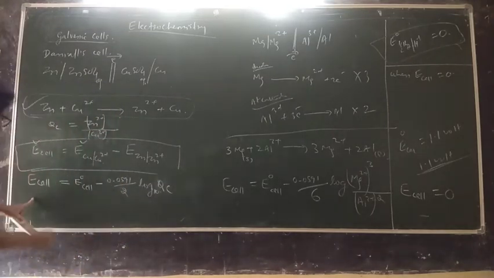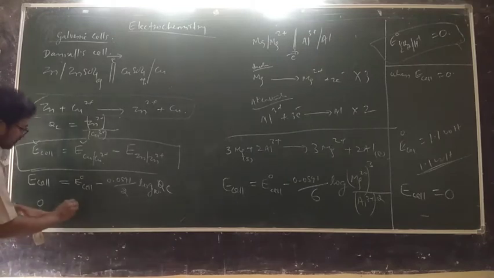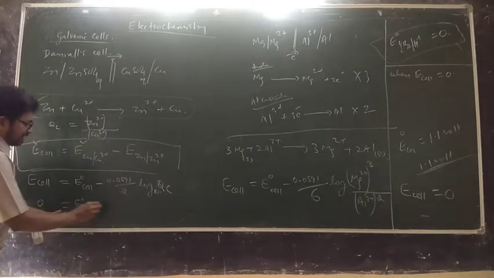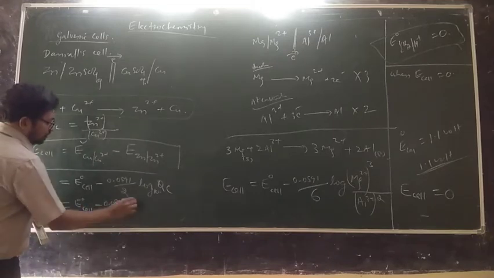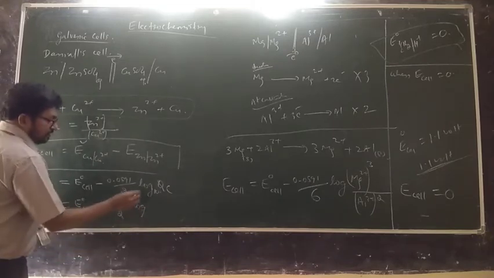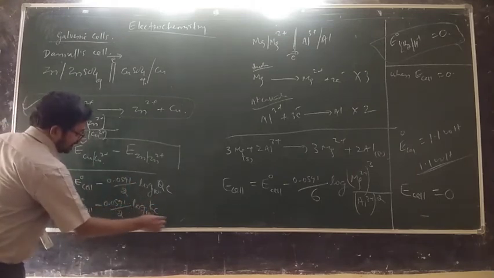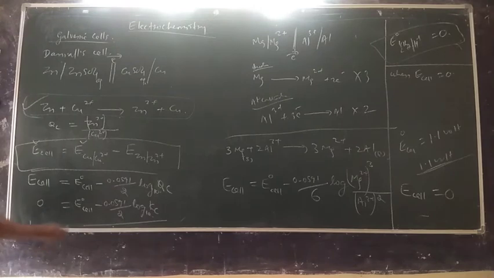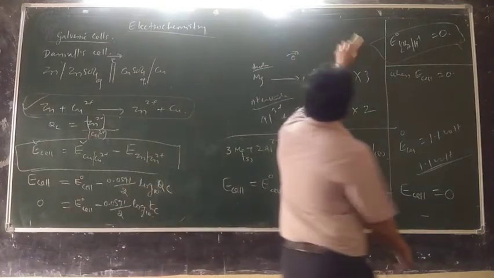So when E of cell is 0, 0 equals E naught of the cell minus 0.0591 by 2 log of QC. Now, it is equilibrium, so QC is KC. Am I right? Yes. Suppose you rearrange the equation, what will happen?